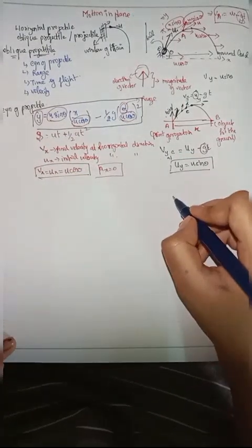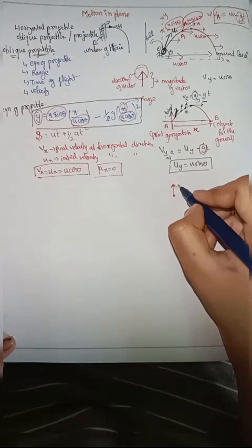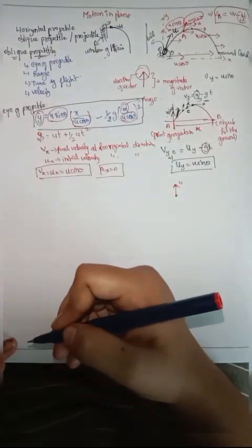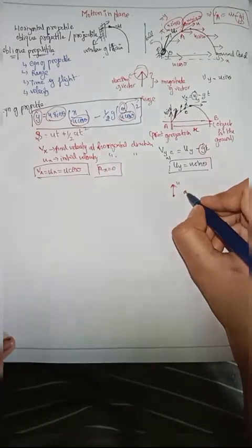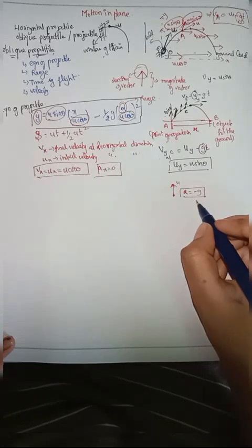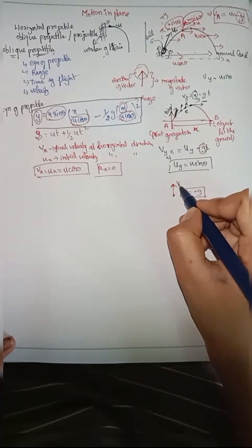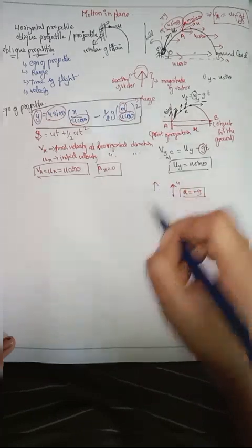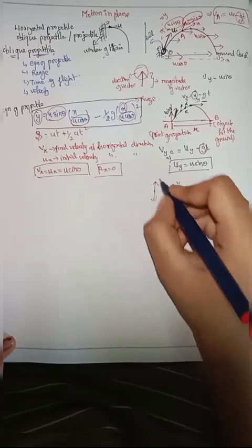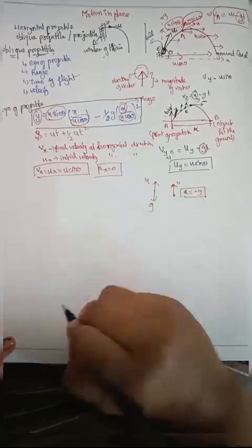If you are throwing an object upwards with some initial velocity, and anybody asks what is the acceleration of the object, you simply say a equal to minus g. Why do we consider a equal to minus g? You are throwing the object upwards. The direction of the velocity is upwards, but the acceleration acting on the object is downwards.